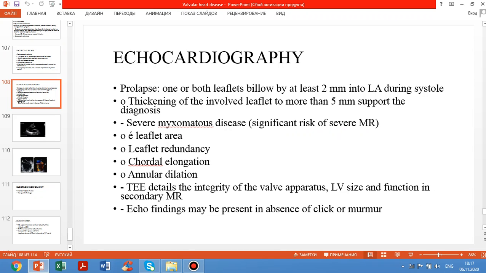Severe myxomatous disease carries significant risk of severe mitral regurgitation: leaflet redundancy, chordal elongation, annular dilation. Transesophageal echocardiography details the integrity of the valve apparatus, left ventricular size and function in secondary mitral regurgitation. Echo findings may be present in the absence of click or murmur.